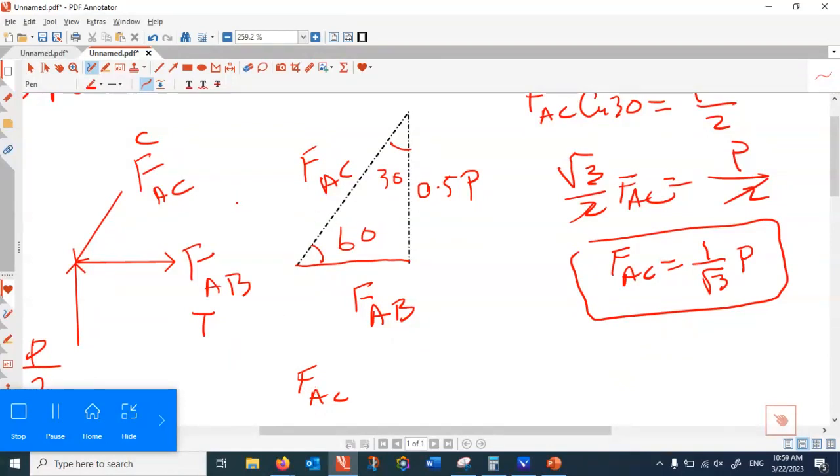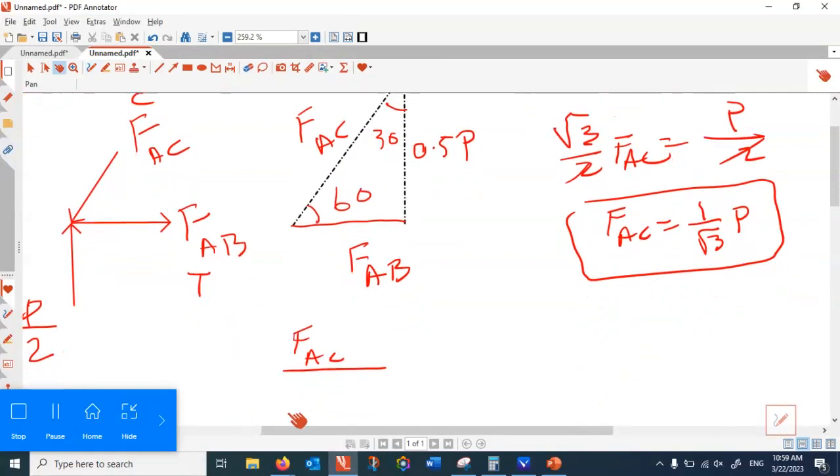You can apply the sine rule. You want me to write the sine rule for you? That's easy. You just write FAC divided by sine 90. Sine 90 is 1, right? So sine 90 is 1. That is equal to half P divided by sine 60.